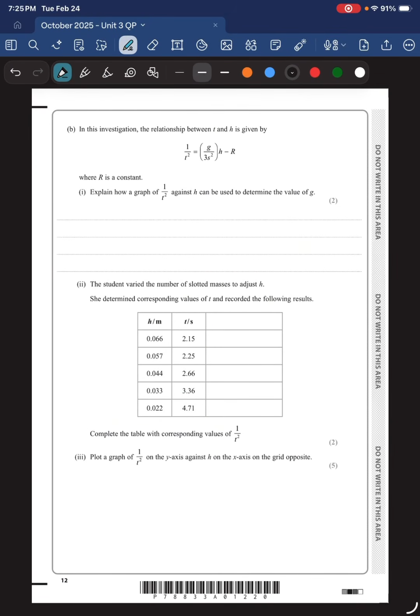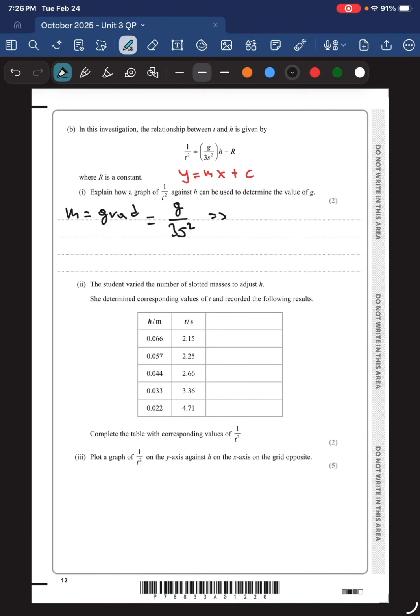Part B. In this investigation, the relationship between T and H is given by that formula over there, where R is a constant. Explain how a graph of 1 over T squared against H can be used to determine the value of G. So this has the form of y equals mx plus c, with m being the gradient of the curve of 1 over T squared versus H, and is equal to G over 3s squared.